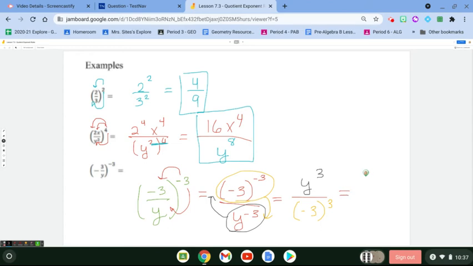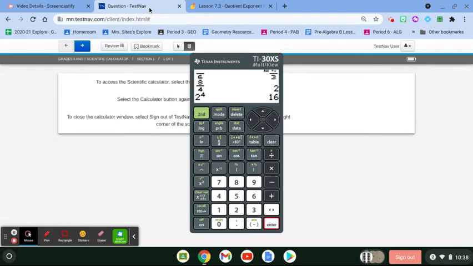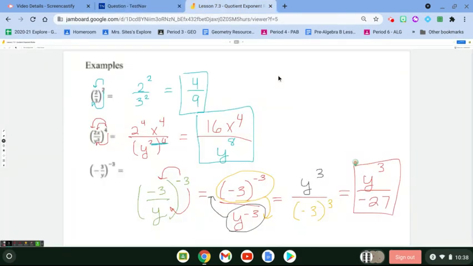So this would become y to the 3rd power. And then to finally simplify your answer, make sure you do this with parentheses, and make sure you have your exponent on the outside of the set of parentheses. And you would get -27. So the final answer for that example would be y to the 3rd over -27.